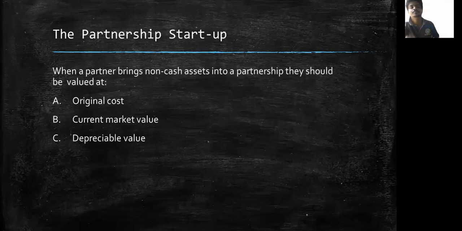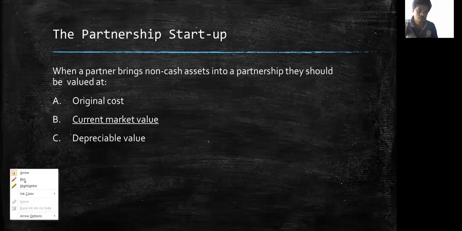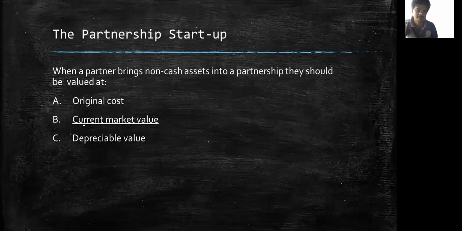Normally when a partner brings non-cash assets, we can record them at their original cost, book value, or current market value. We can go for all of these three.